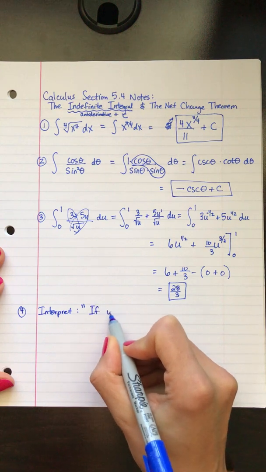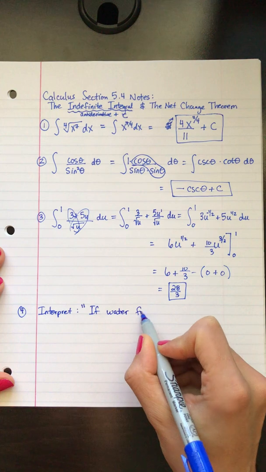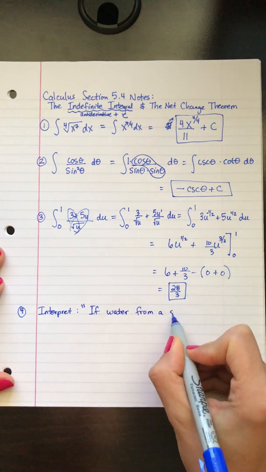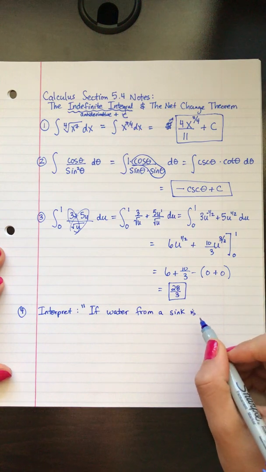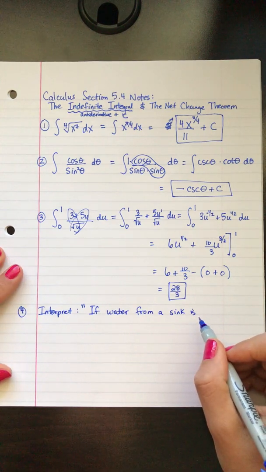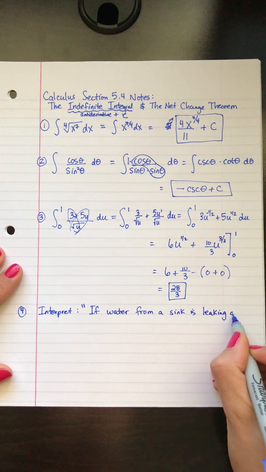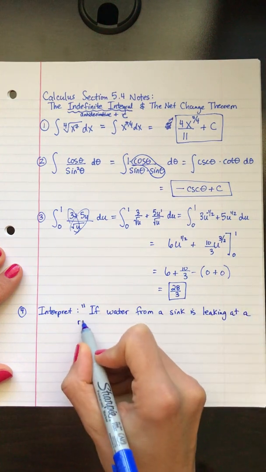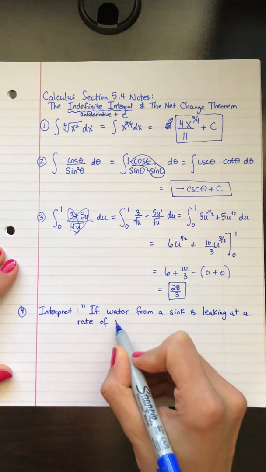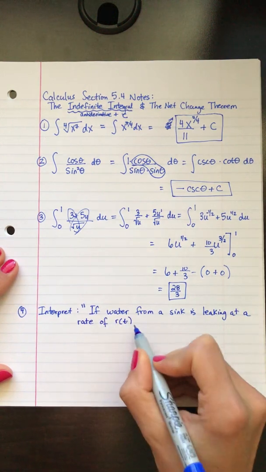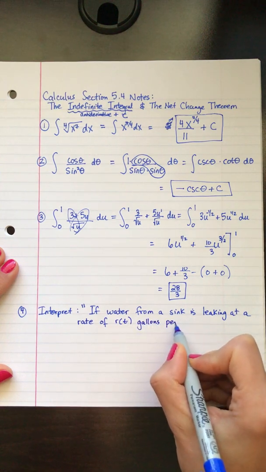If water from a sink is leaking at a rate of, now when you see rate of, those are buzzwords, R of T gallons per minute.